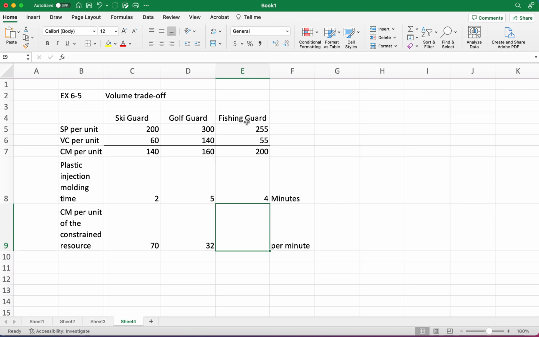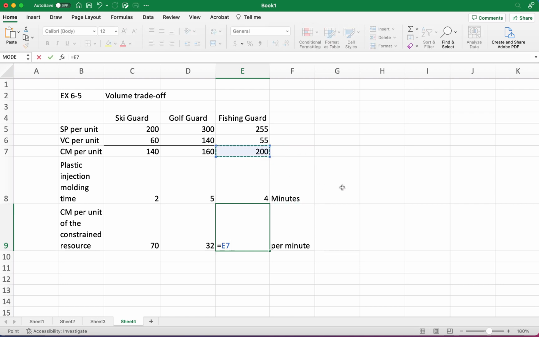Now, let's look at the fishing guard. We said the fishing guard gives us $200 of contribution margin per unit, so we should probably produce this one the most. Well, again, we need to take into account the amount of time on the injection molding machine it takes us to make the fishing guard. So we do the same exact thing.